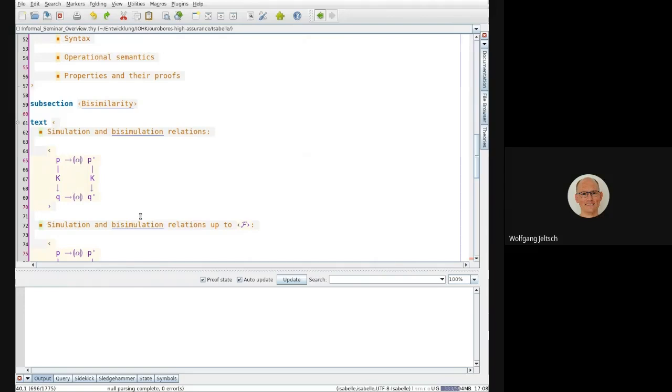And we say, okay, if on one side there is a transition possible, then there must be also a corresponding transition possible on the other side. And the resulting processes or states must be, again, in a certain relation that we have started with. And the thing is that, in general, you can say the original transition comes from a different transition system compared to the transition that you use to simulate this step.